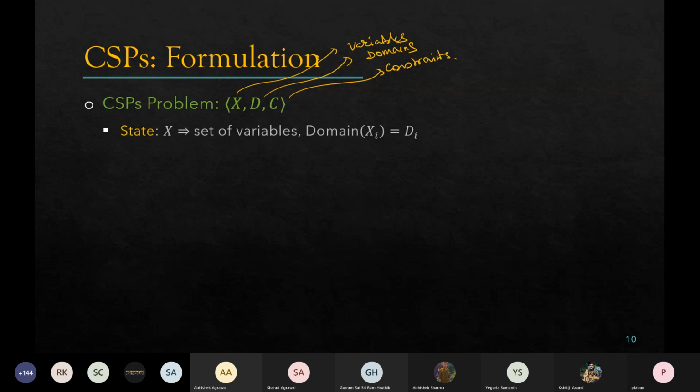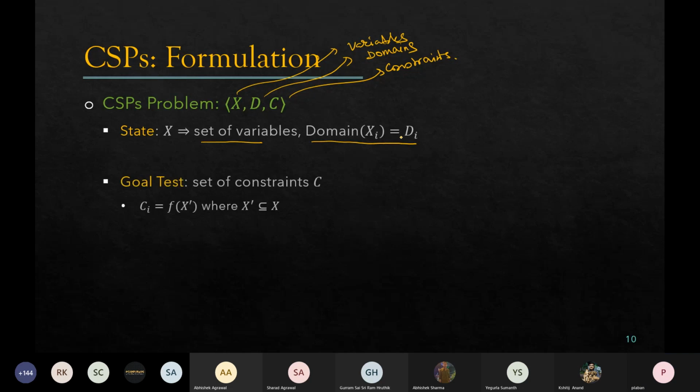Great. Now, when we define a set of variables, for every element in this set of variables, we need to define its domain. So basically, we are saying the domain of xi is di, right? Now, how do we define the goal test function?